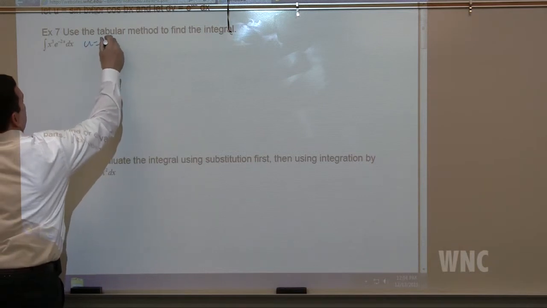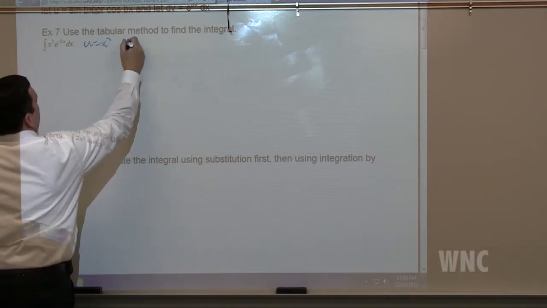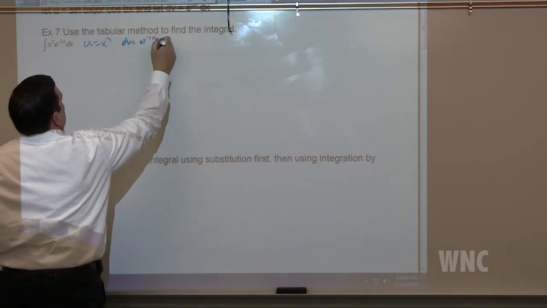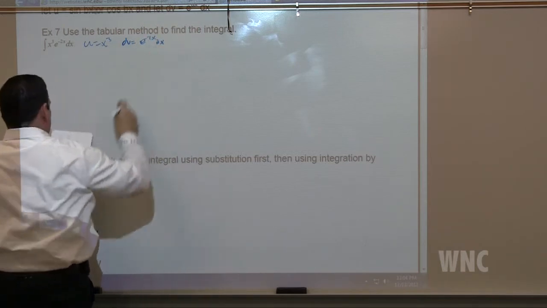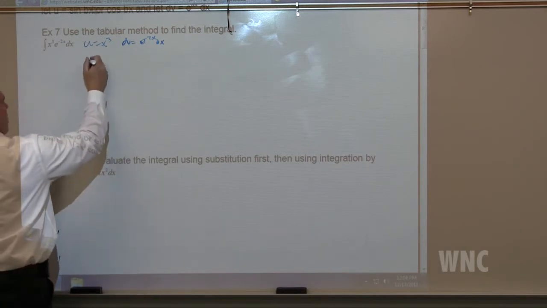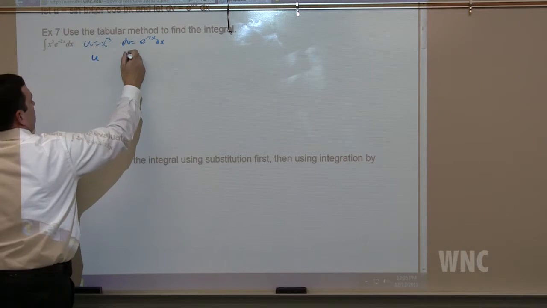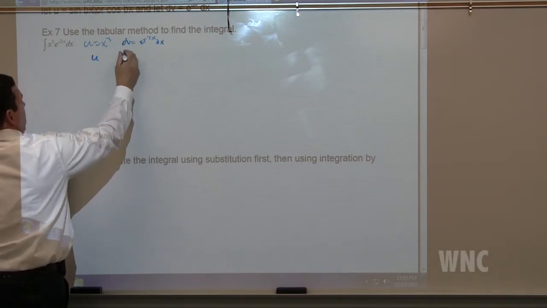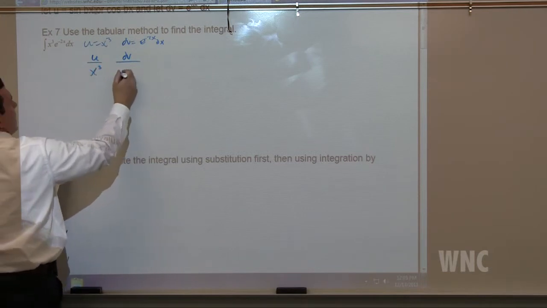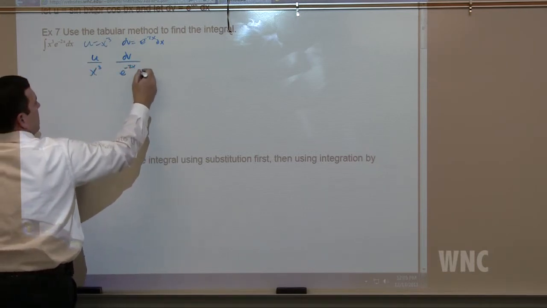U equals x cubed, and therefore my dv is going to be e to the negative 2x dx.